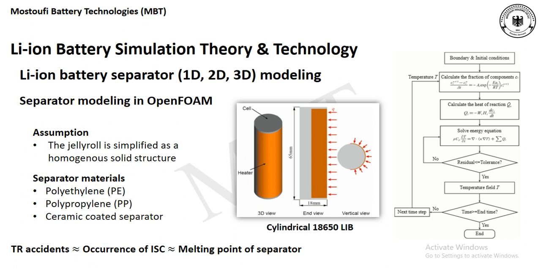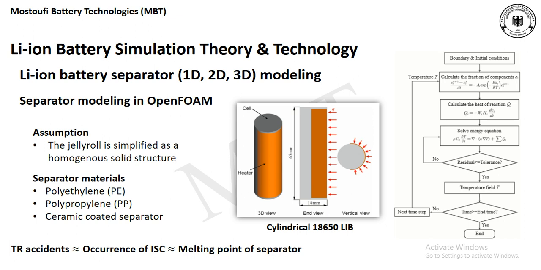Then you calculate the heat generation rates of the reaction or other methods of heat generation, like when you encounter thermal runaway conditions. That is when you actually reach the melting point of the separator, or it crushes in different terms and conditions. Then we solve the energy equation. Then if we meet good tolerance, we get the temperature field and go to the next time step.